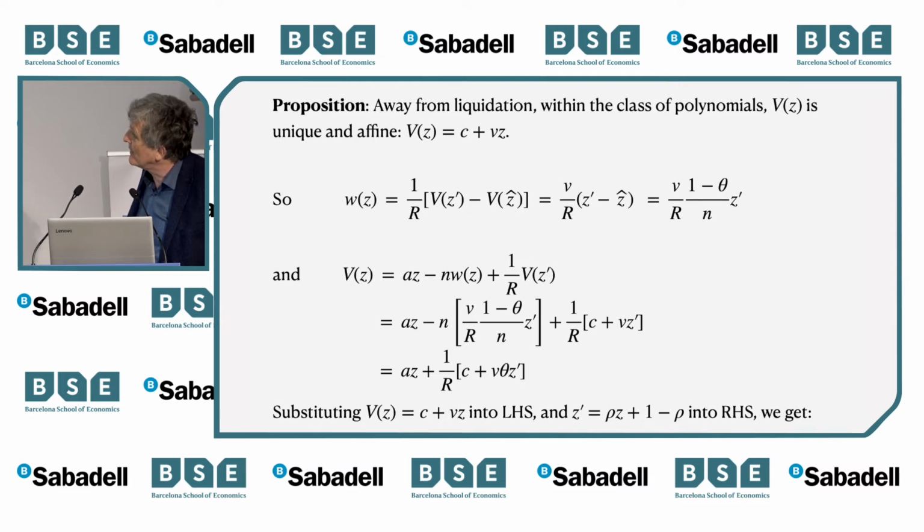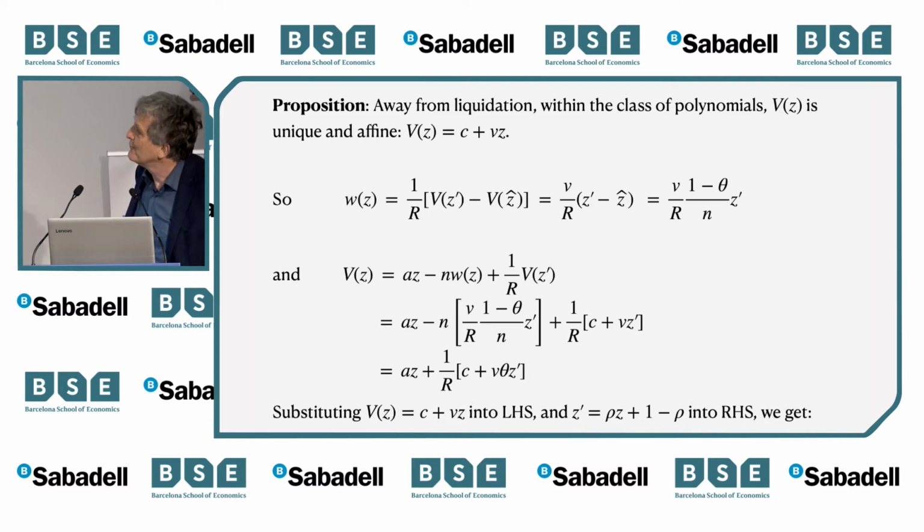And the Bellman equations, well, we start off with it, stripped of the max Q operator, substituting in this W in here, so I've just replaced minus n times W of Z by minus n times this top right-hand side. Nothing else has changed, except I've substituted for Z prime. I've substituted for V using my proposition up here, so it's C plus nu times Z prime.